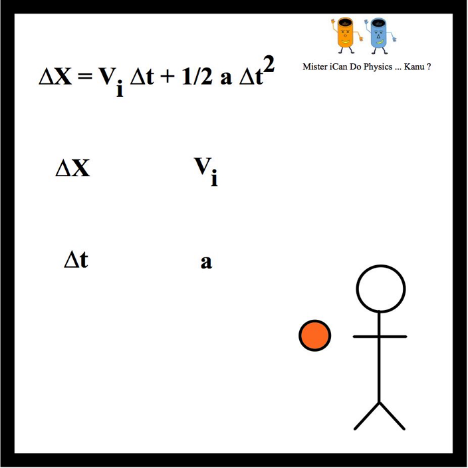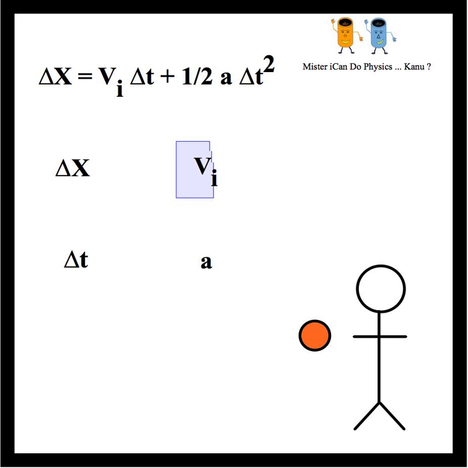Now let's examine how we might approach this problem. There are 4 different things we might have to solve for. For example, we might have to find our delta x when we know initial velocity, acceleration, and time.